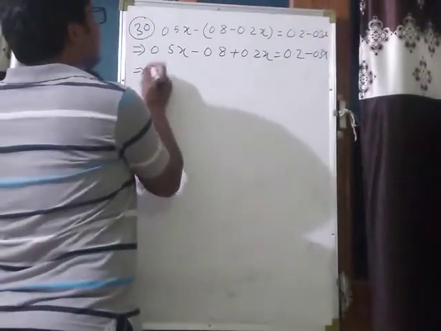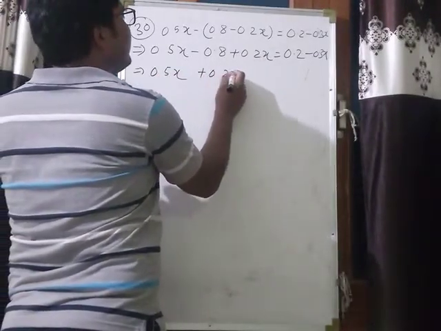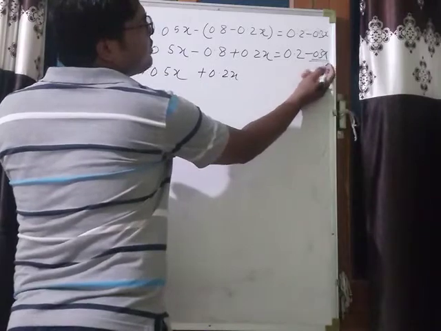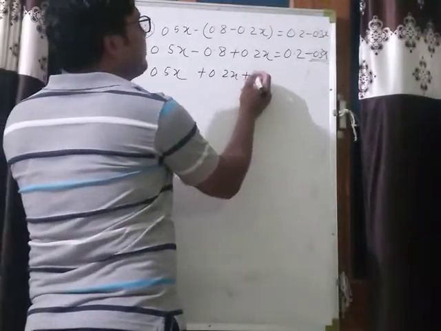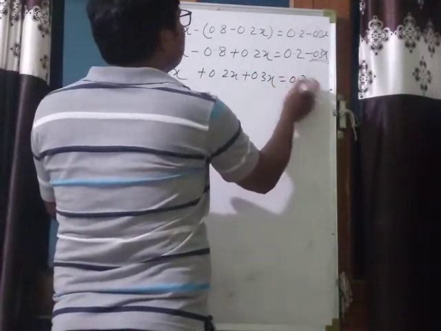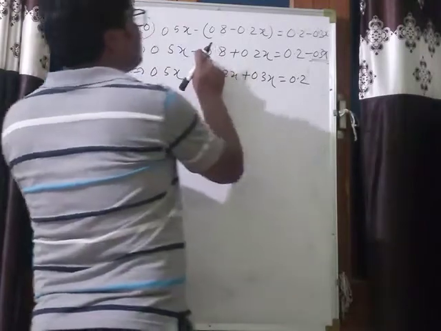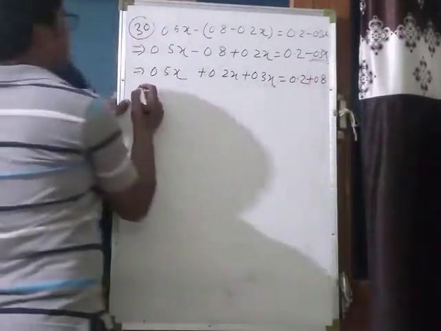So we have 0.5x and plus 0.2x, and when we transfer minus 0.3x to the left side, that will be plus 0.3x, and on the right side this is 0.2, and transferring 0.8 to the right side, that will be plus 0.8.